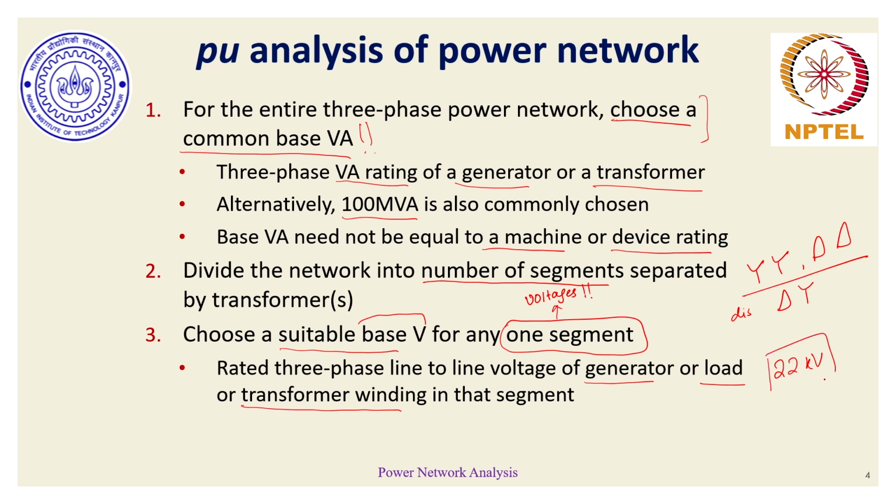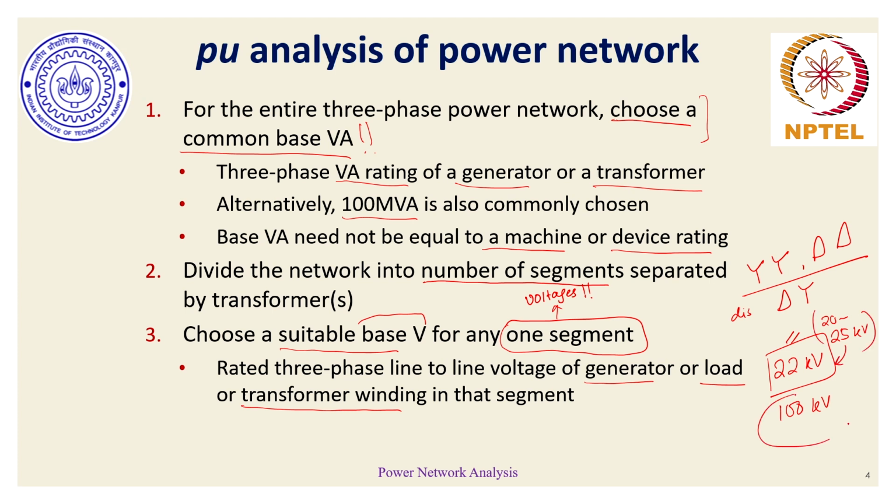The numbers or the ratios in PU could be dramatically small. We can at best choose 22 kV as the common base voltage, or a number which is convenient to multiply or divide with, somewhere between 20 to 25 kV, as the base voltage for this 22 kV rated section.